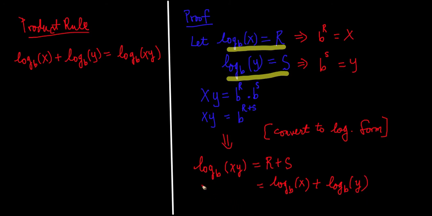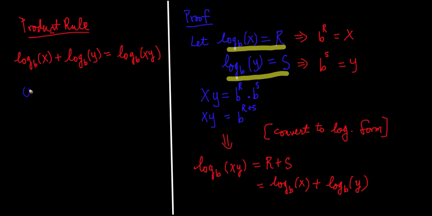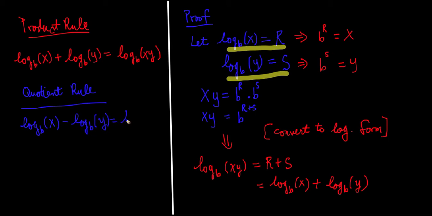So, and there's quite a few other rules, but we're not going to prove them all. I am going to continue here. We have an analogous situation, what's called the quotient rule of logarithms, and it basically says the reverse or the inverse of this, that if you have log base b of x minus log base b of y, then not surprisingly this is equal to log base b of x divided by y.